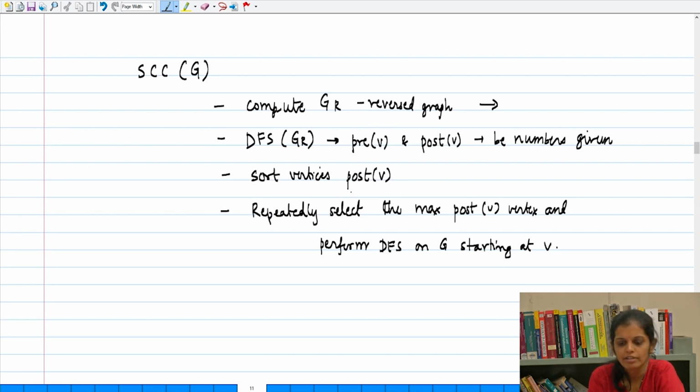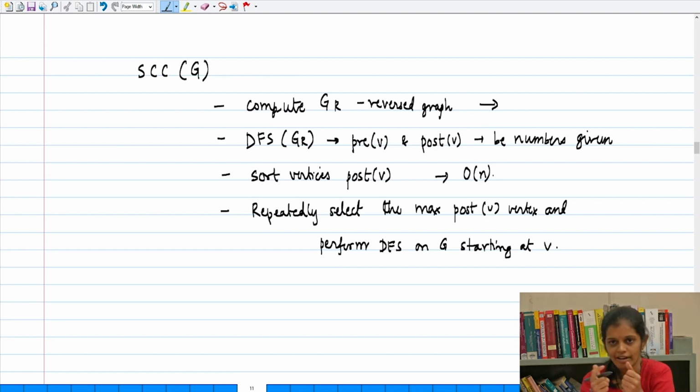What about sorting the vertices? How many vertices are there? There are n vertices. We sort them. How long does it take? N log n time. Can we do better? My claim is that you can actually do this step in order n time. You have to note that these numbers are not arbitrary. These numbers are coming from a very strict range, which is from 1 to 2n.